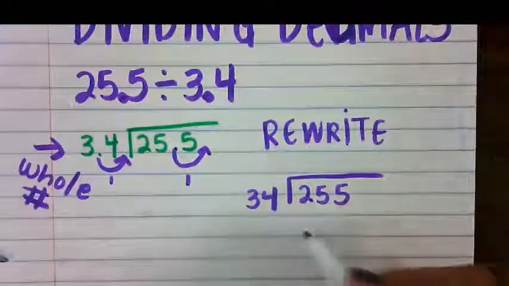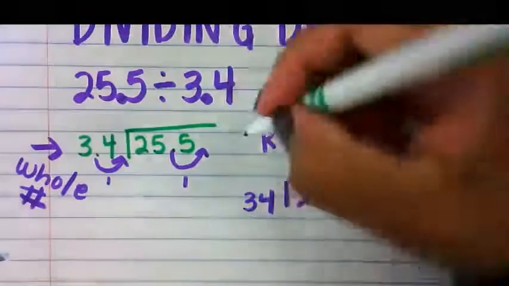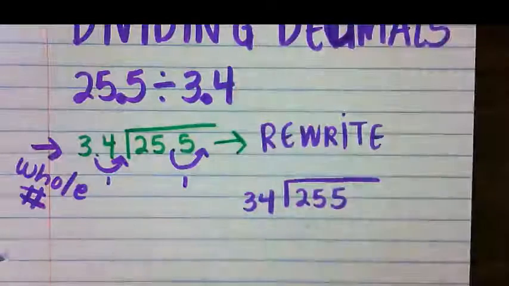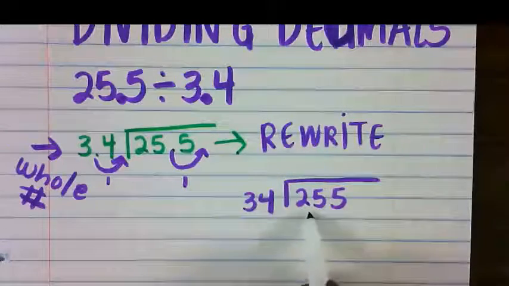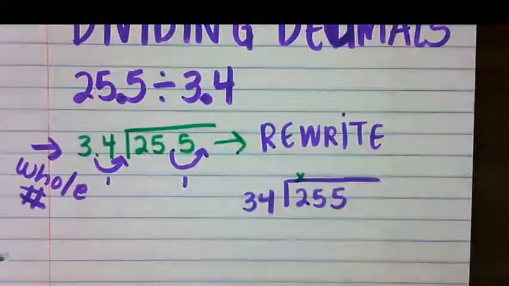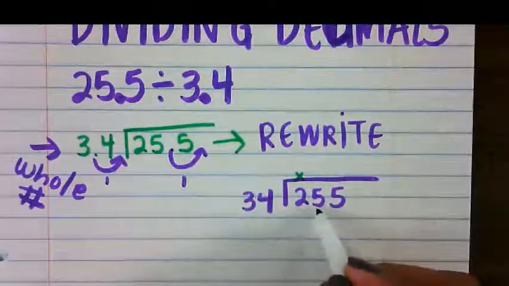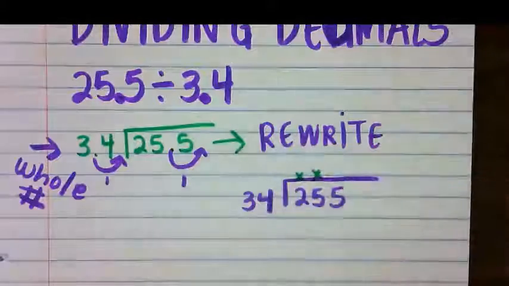So now, the question I asked myself, we went from here to here. How many times can 34 go into 2? It can't. Put an X here. How many times can 34 go into 25? It can't. Put an X.